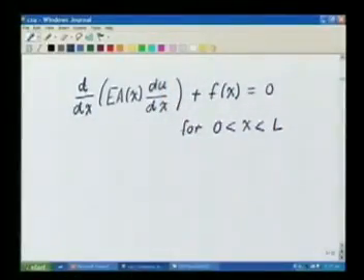Okay, that's not all. When we are talking of a boundary value problem, then we have to also talk about the point x naught, where I have applied a point load. At the point x naught, there is a jump in the axial force.